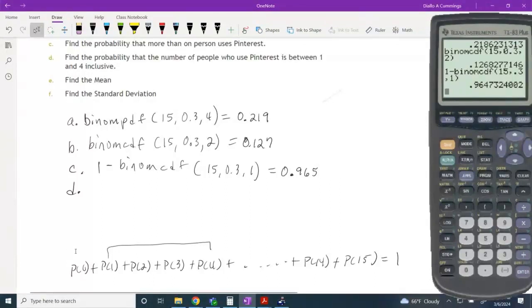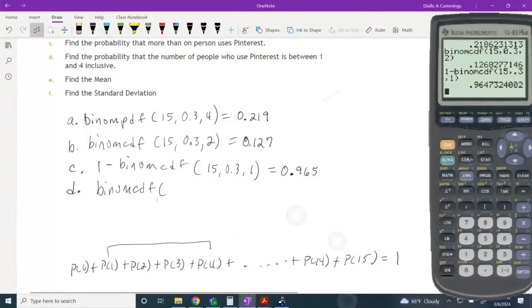Or you can use a CDF function. I'm going to put it in this way. I can find a binomial CDF from 4, but that's going to give me 4 all the way down to 0.